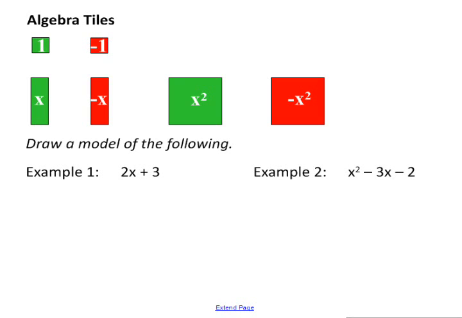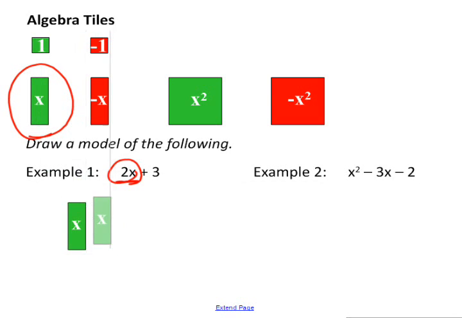So example 1, we have 2x plus 3. To get the 2x, I have a rectangle. It's labeled x. It is green. In your packet, it is white. I need two of them, 1, 2 x's. To get the 3, I have small squares that are labeled 1.